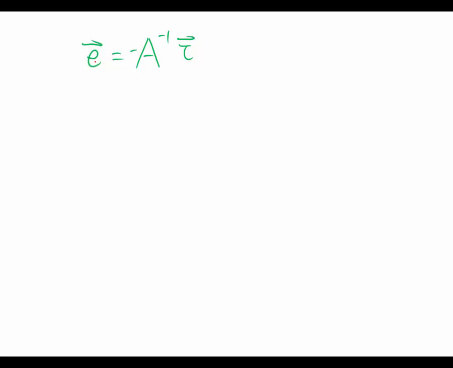In order for the same order of accuracy of tau to apply to the E, you need something else. And that something else is called stability.